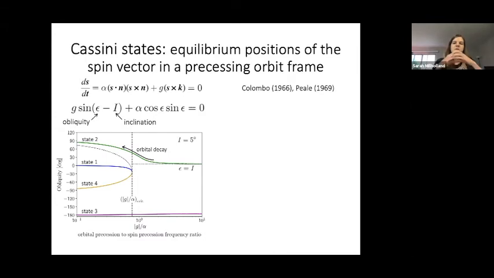So there are up to 4 different Cassini equilibrium states that satisfy this criterion, depending on the ratio G over alpha, the ratio of the orbital precession to the spin axis precession frequencies. I'm depicting these different states here, showing their obliquities as a function of this ratio. But the key thing is that in the presence of tides, only states 1 and 2 can be stable.